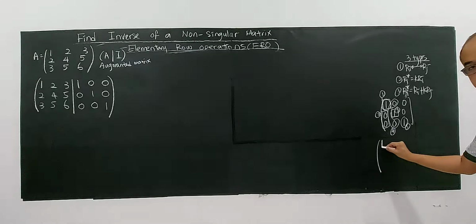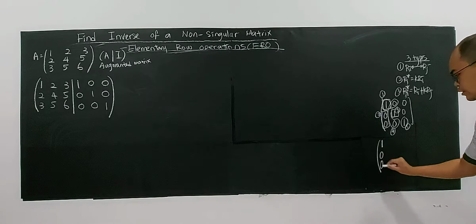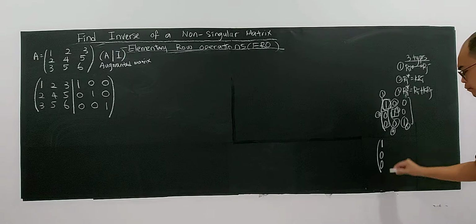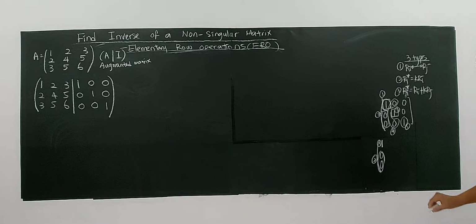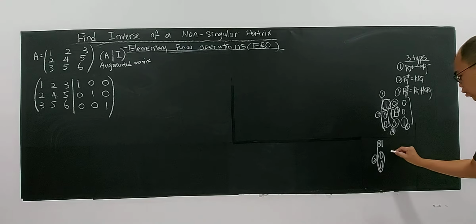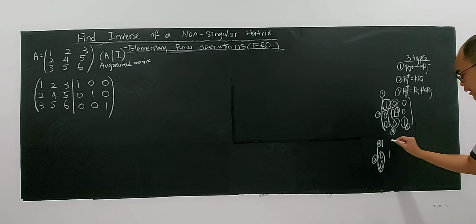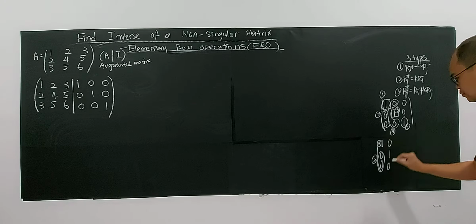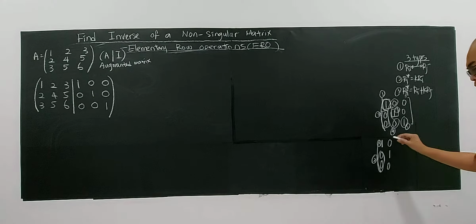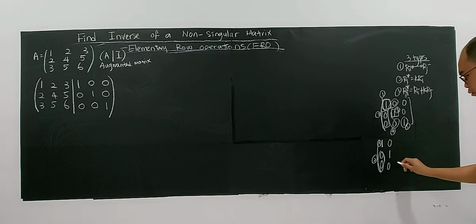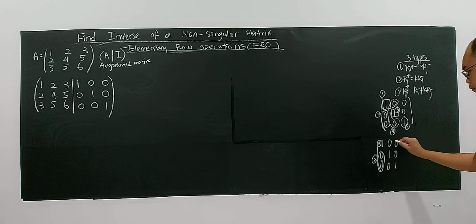First you make this become 1, and you make this 2 become 0. This is for the first column, so this is your first, this is your second. Now later you go for the second column. You make this become 1, and later you make the above of this and below of this 1 become 0. And the third column, you make this become 1, and you make this 2 become 0.